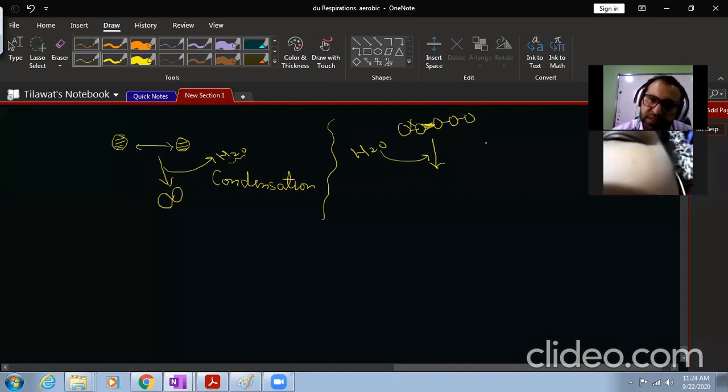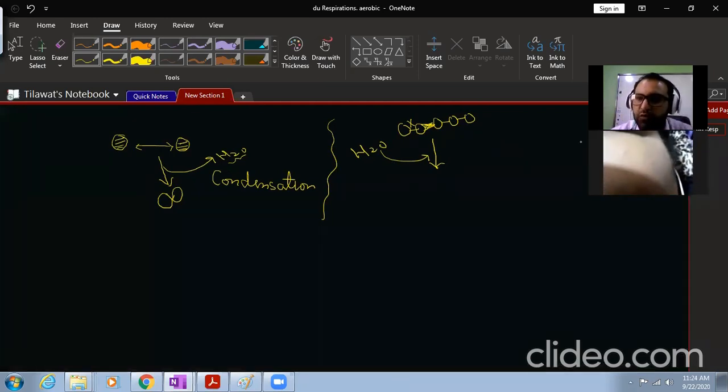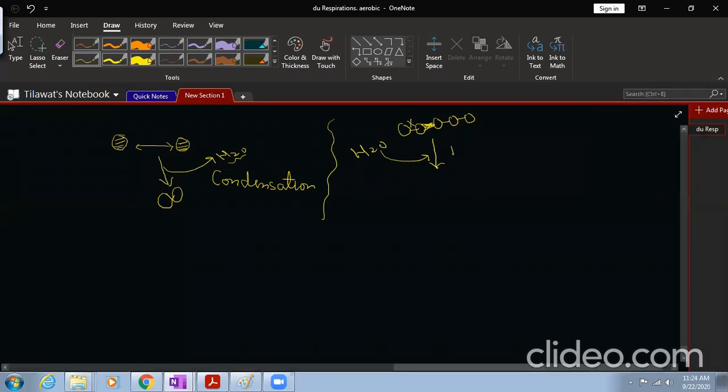So addition of water for the breakdown of a chemical bond is called hydrolysis. Am I clear? This is called what? Hydrolysis. Right? These monomers will separate from each other. Addition of water for the breakdown of chemical bond is called what? Hydrolysis.